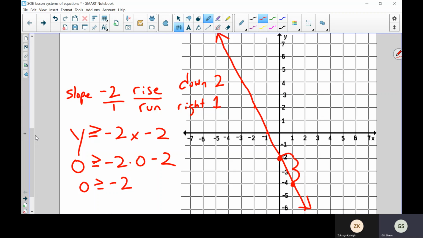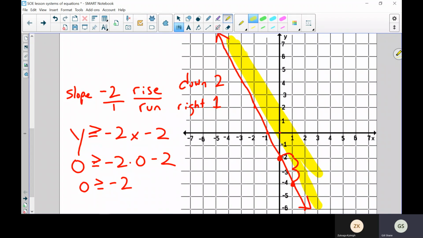So 0 is a solution, which means I need to shade the side where 0 is. So I just tested that point right there. If that point is a solution, then everything on that side is a solution. If one point works, then every point on that side of the line will work. So I would then come up and I would shade in this side of the line.